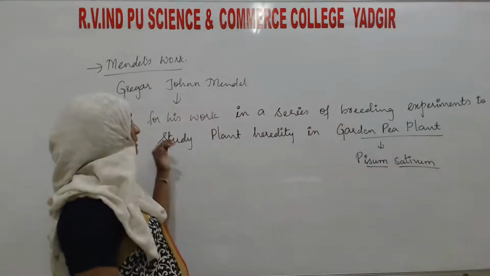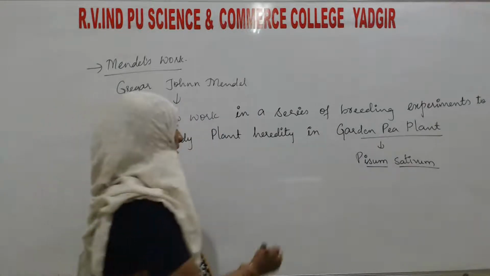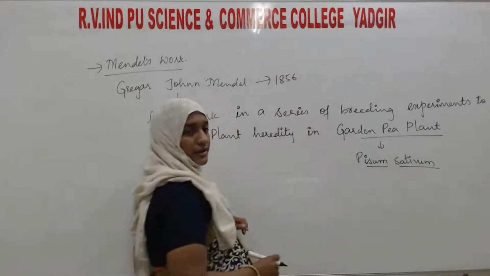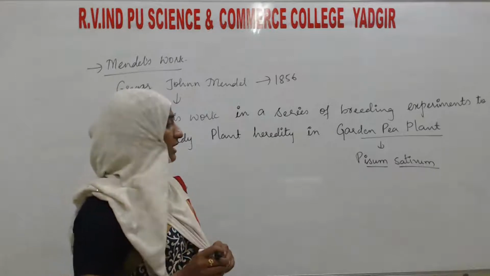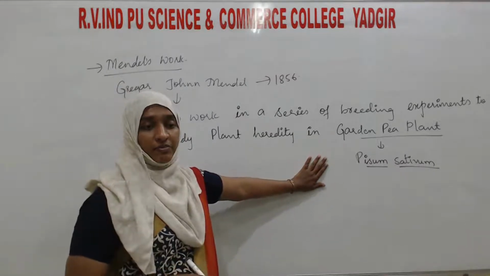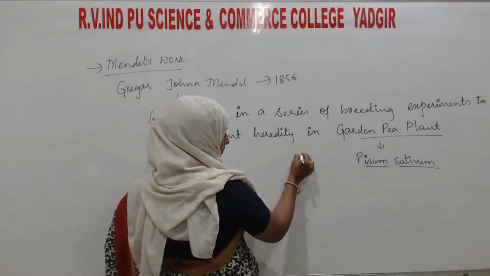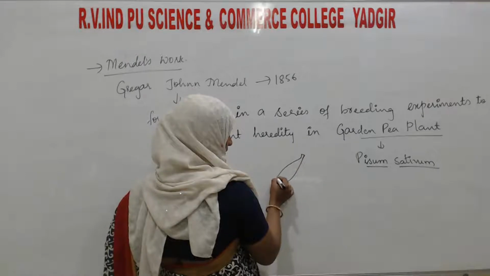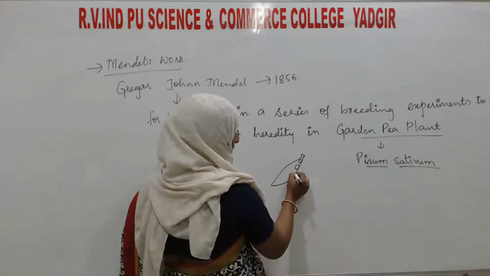Okay, now listen here. Gregor John Mendel in the year 1856, he had done some experiments on the garden pea plant, which is green in color, like this.